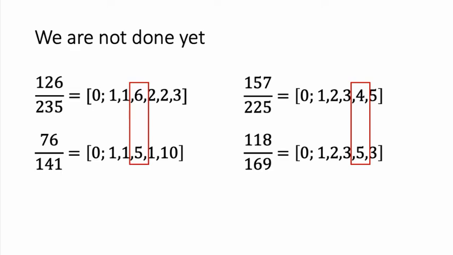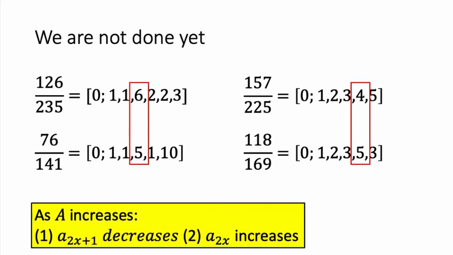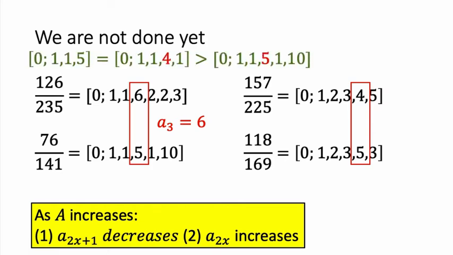Remember our corollary 2, and this is especially important because we are going to use this to prove which one we'll choose. On the left-hand side case, we'll choose a3 equals 6. The reason is that if we express 0, 1, 1, 5 using our property, we'll get 0, 1, 1, 4, 1.